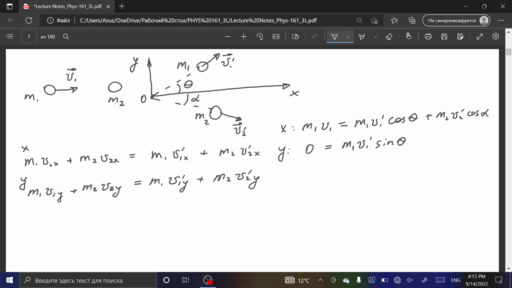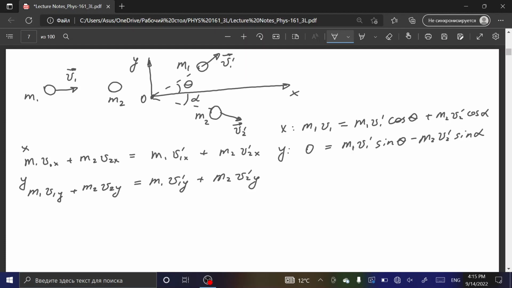Minus, because we see that this second object is moving downwards with respect to axis y, so this projection of the linear momentum vector on axis y will be negative. So we keep this in mind and put here minus: minus m2 v2 prime sine alpha.